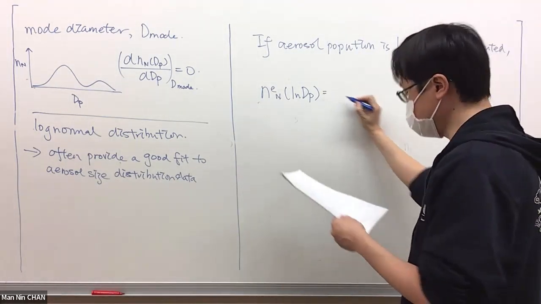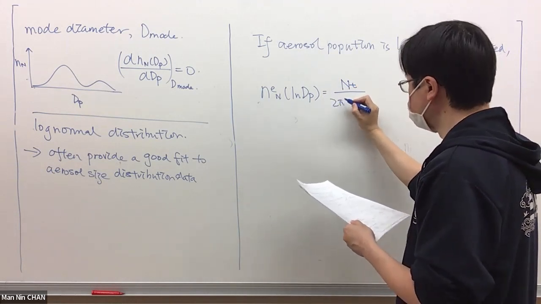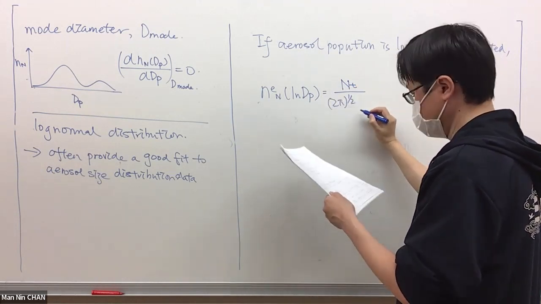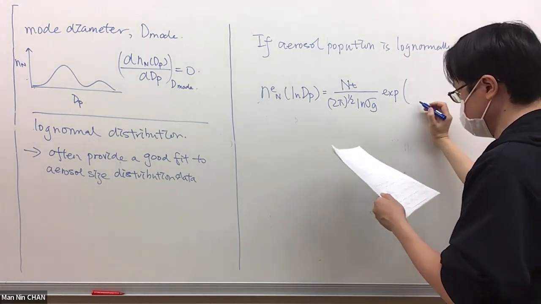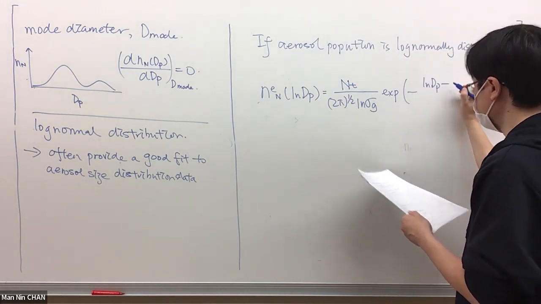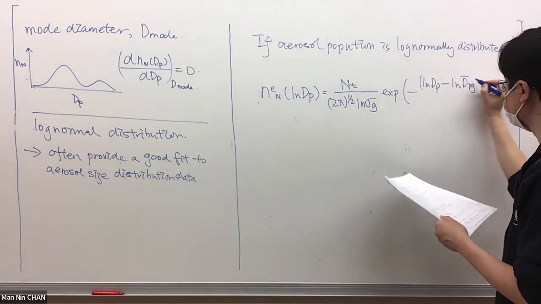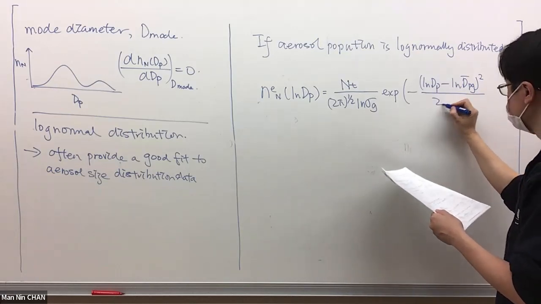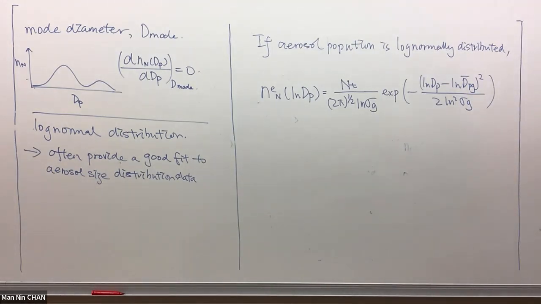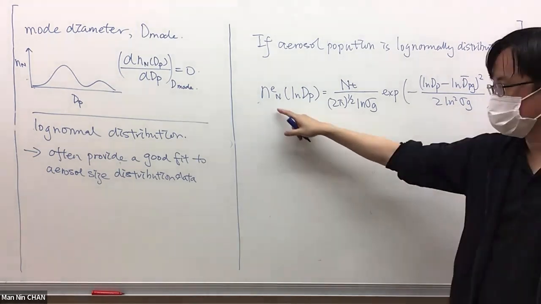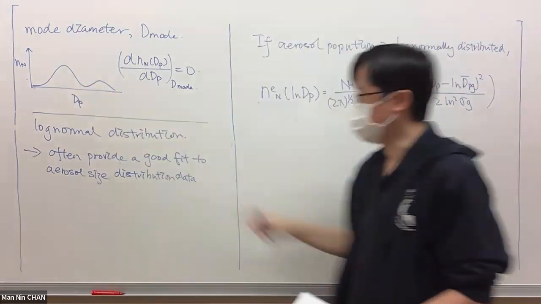Then you can describe it using this function. This is the function we call the log normal function, to describe the distribution of your aerosol population.